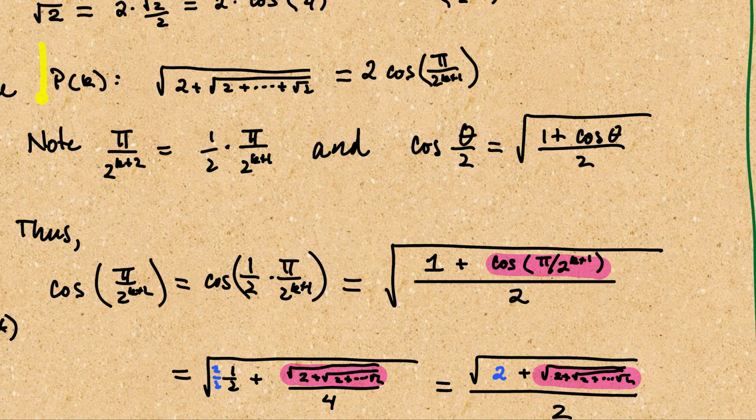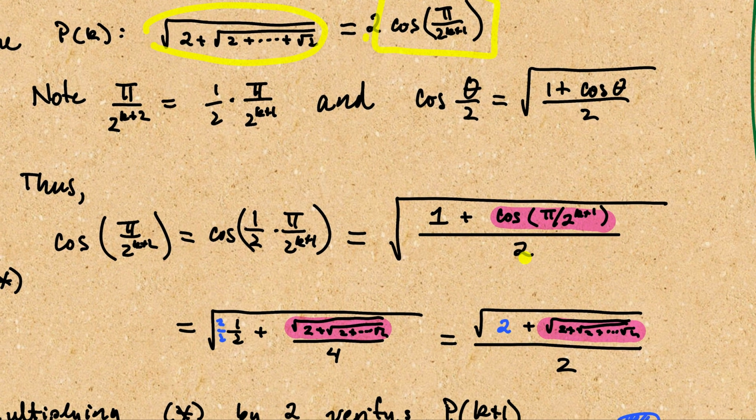And then use our assumption, P of k being true, to swap out this cosine term. And note that it's only the cosine term. Therefore, we're going to get the radical over 2, which means that this 2 placed under the cosine term will turn into 4.